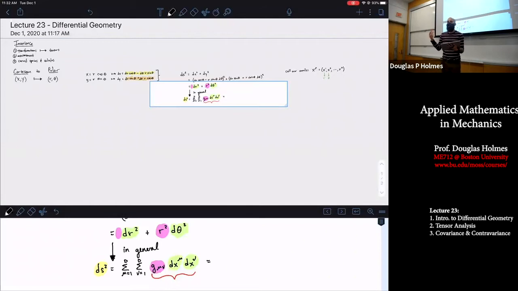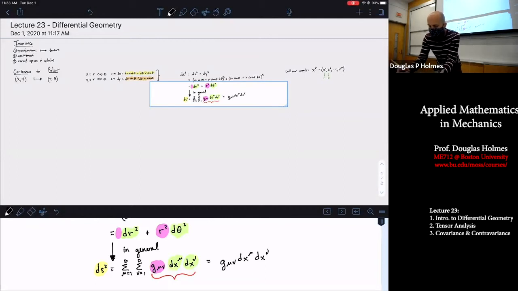In typical Einstein notation in Euclidean space where everything's flat, you just have to have the same index in the same term. Here, we require one to be upstairs, one to be downstairs. So we can get rid of those pesky summations and just write this as g mu nu times dx mu dx nu.